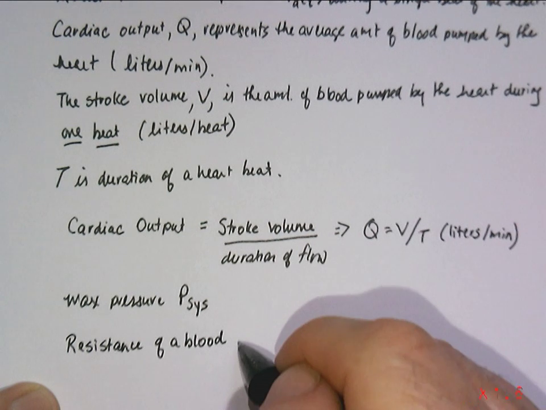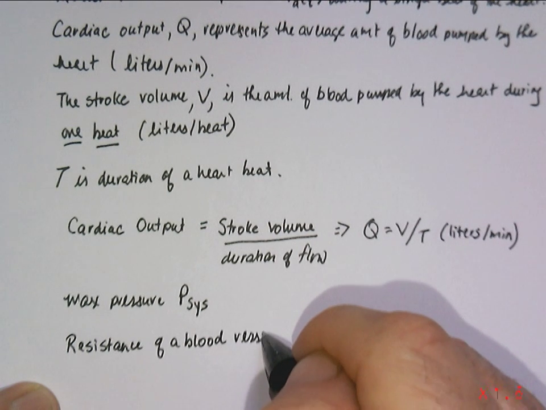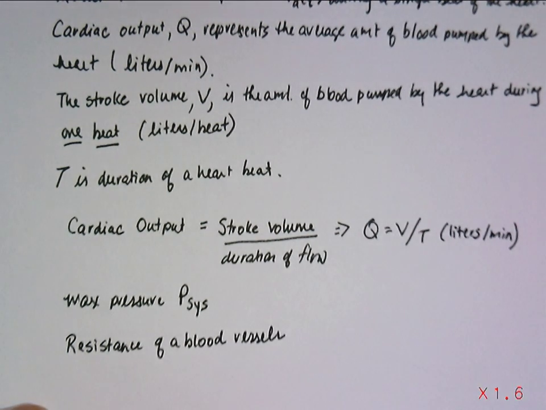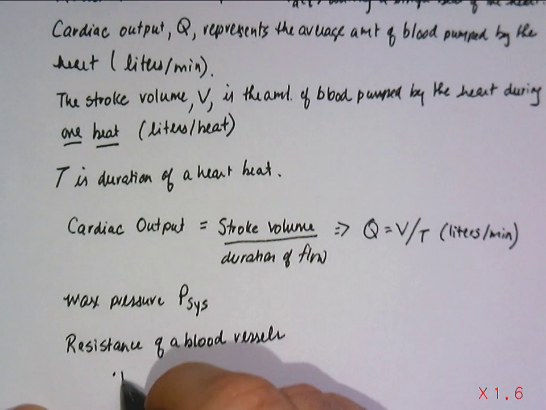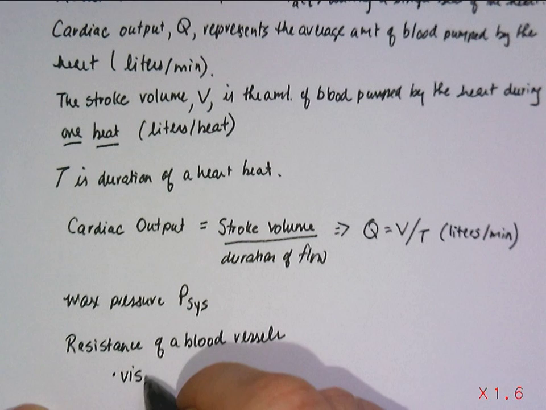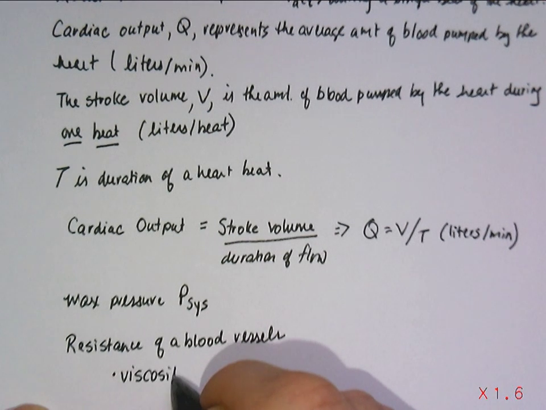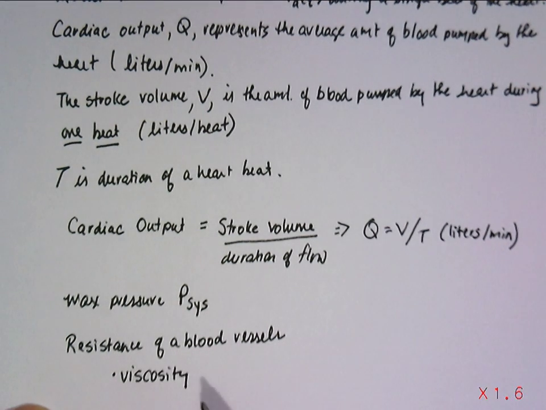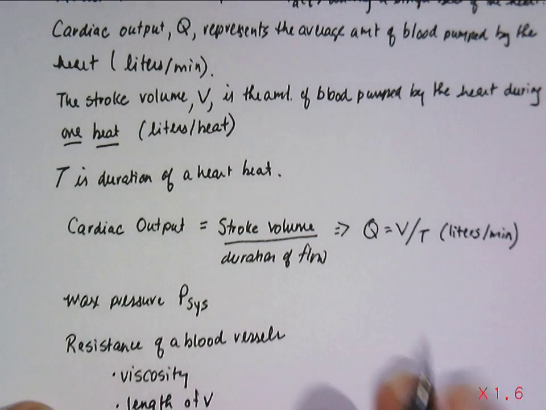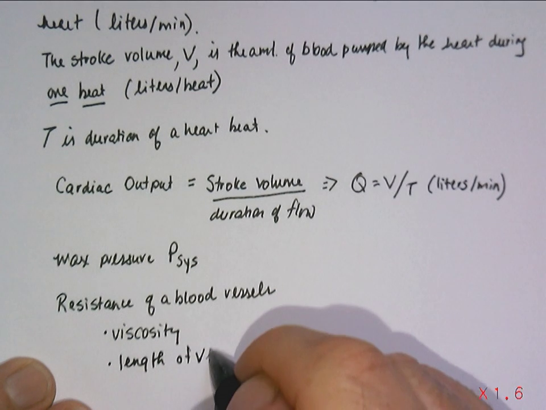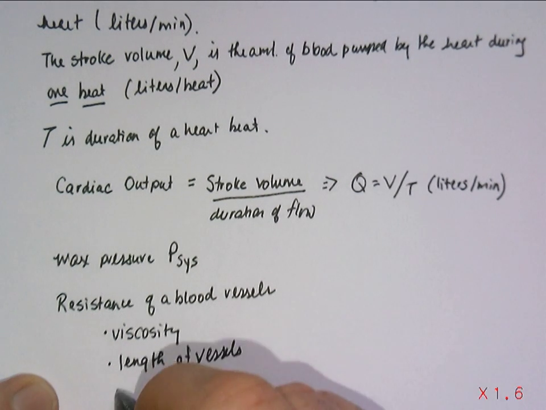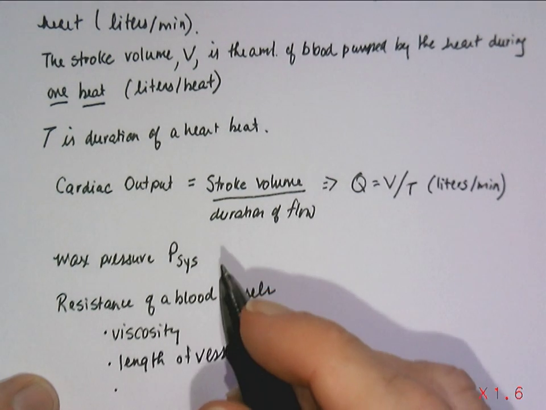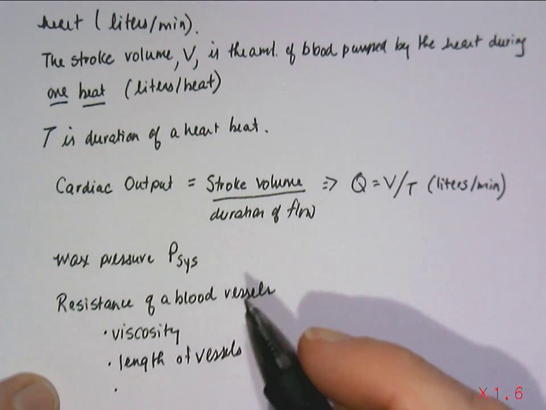There are three ways of looking at what affects the ability of blood to flow through your blood vessels. The three are the following: the viscosity, or thickness, of the blood, the length of the vessels themselves, of course, and then finally, the radius of your blood vessels.